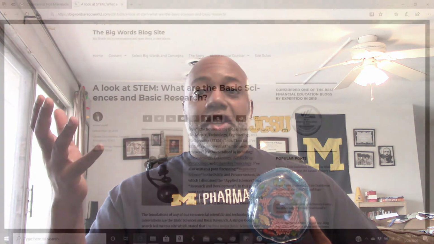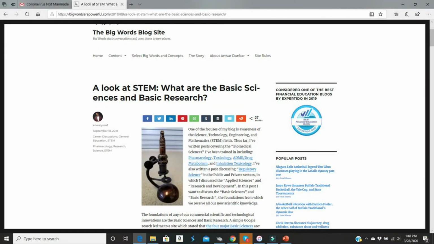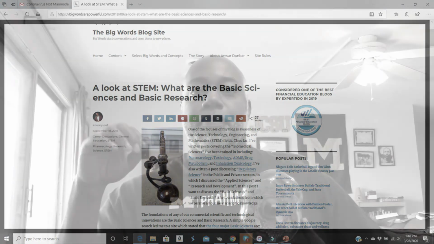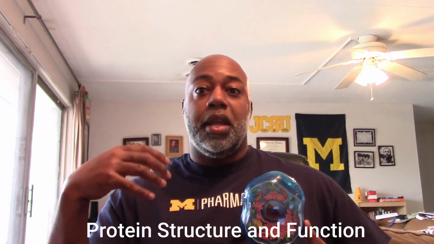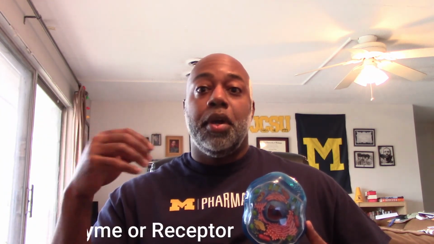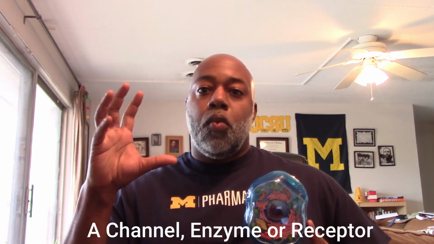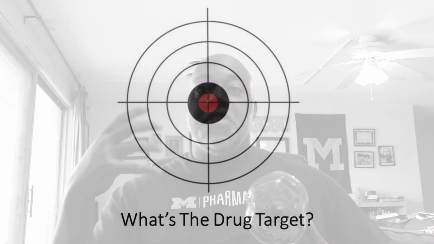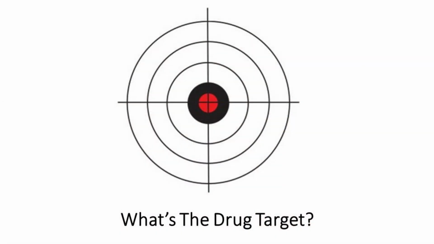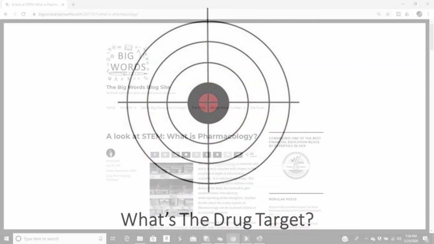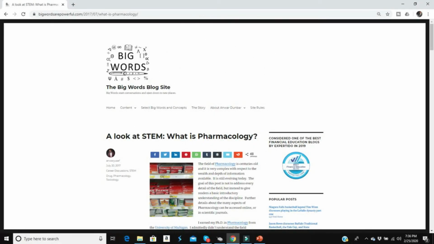So how is this information used? Once you predict a protein's structure, and a protein can be an enzyme, a receptor, or a channel, once you understand those structures, you can design molecules to, for example, block an enzyme's function, or in some instances, you can design structures that will enhance an enzyme's function.